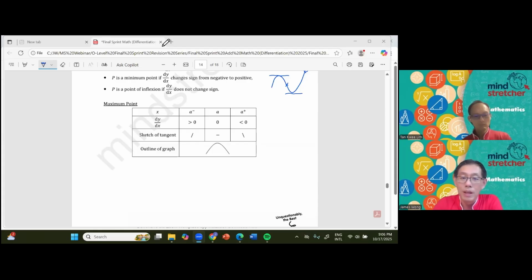Usually in O level you won't get too complicated a second derivative, but for those of you aspiring to do your A levels, you will have a lot of opportunity to encounter more complex functions, whereby the differentiation can be tedious. Then you will find the first derivative test very helpful.